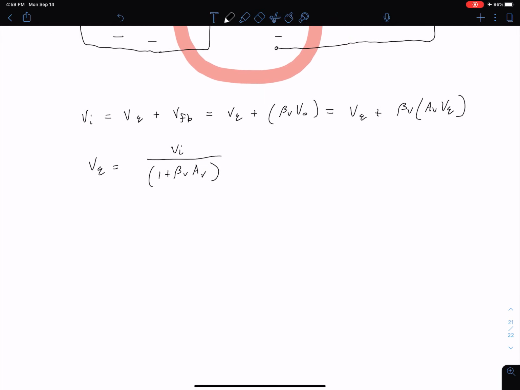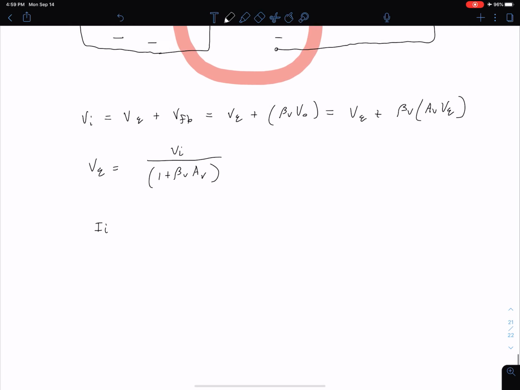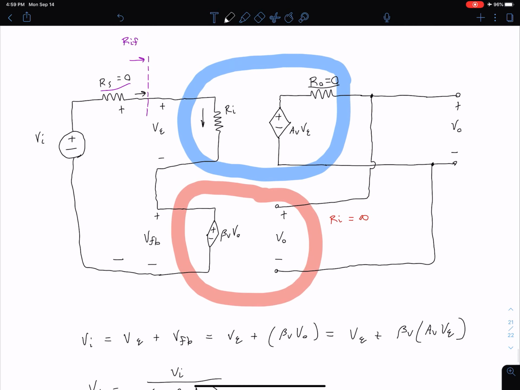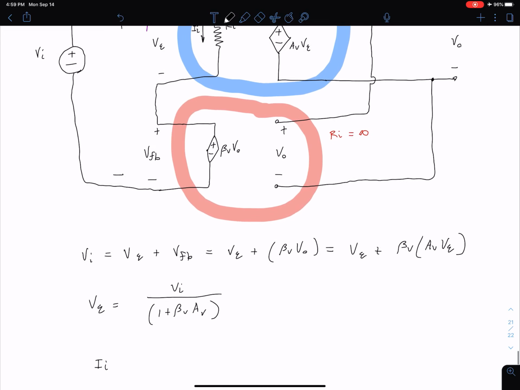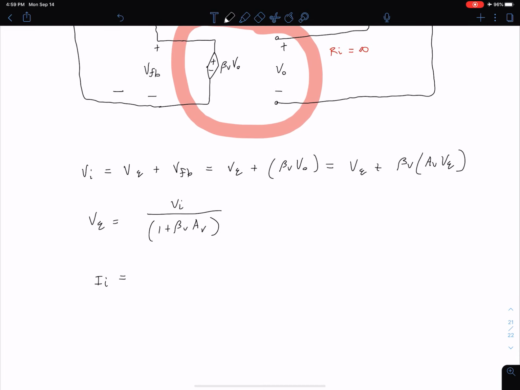So the next step then is to define this current I sub I. So let me come back up here and explicitly label that. So this is our I sub I, which is equal to V epsilon divided by Ri. And using our previous equation, that's just going to be VI divided by Ri times 1 plus beta V AV.